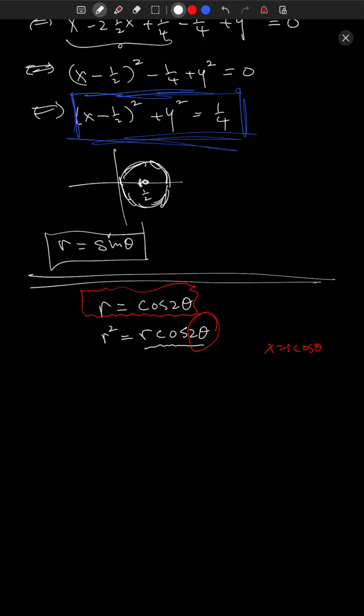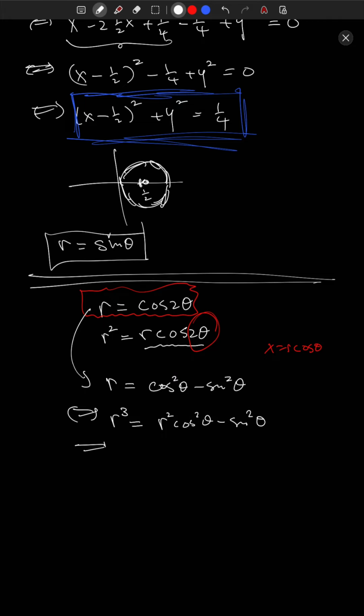However, you always can convert, right? Because we do have formulas that relate x and r. So, if we really, really wanted to, I guess we could do something like this. r is equal to cos squared theta minus sine squared theta. We could do this: r cubed is equal to r squared times (cos squared theta minus sine squared theta). That's multiplying r squared on both sides.